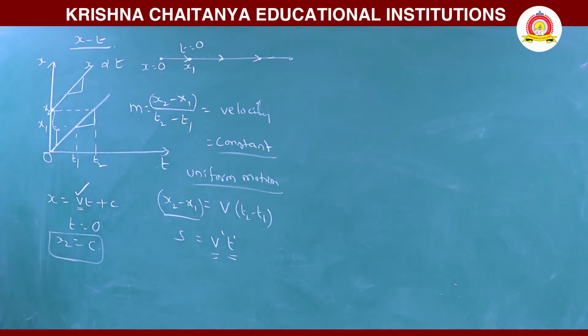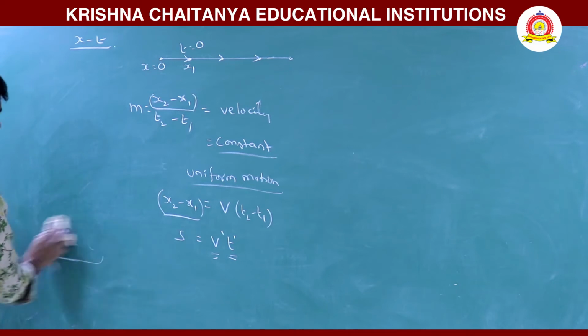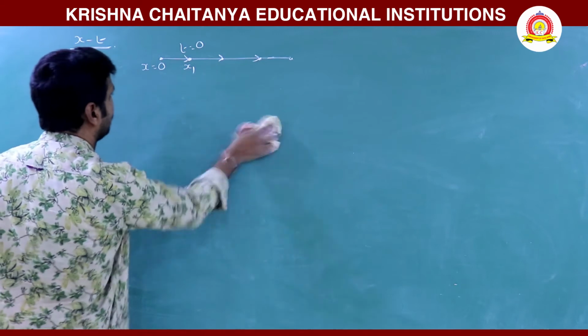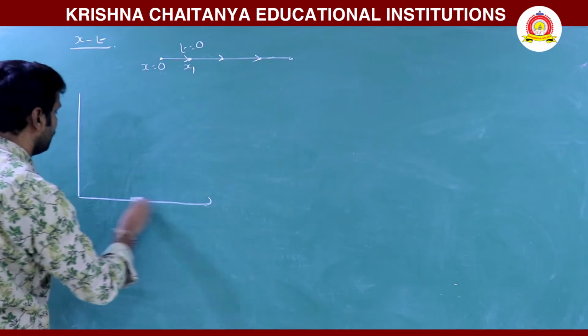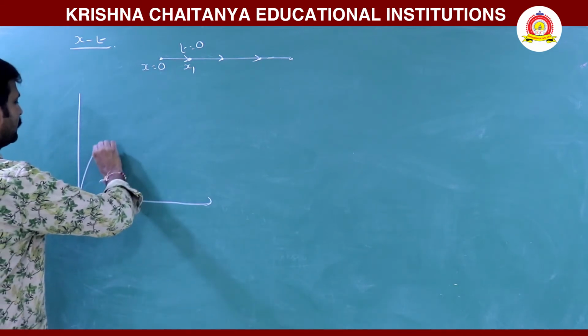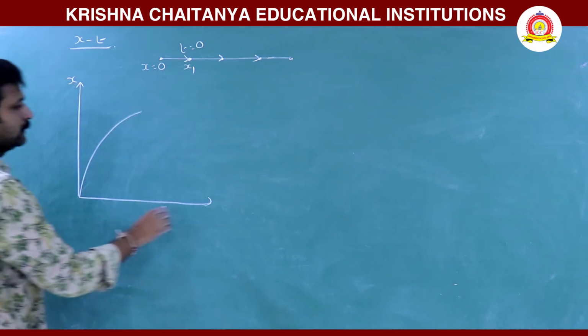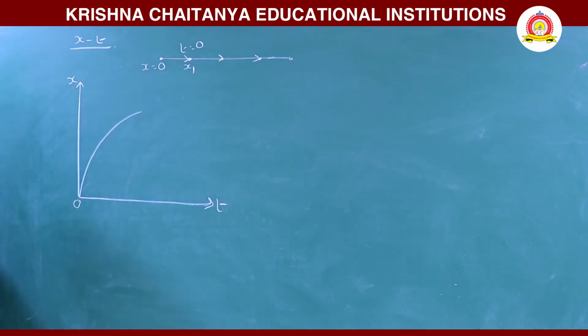Similarly, if a position time graph is given like this, we already discussed this graph. In this position time graph, position starts from the origin. Now at t is equal to 0, x is equal to 0.